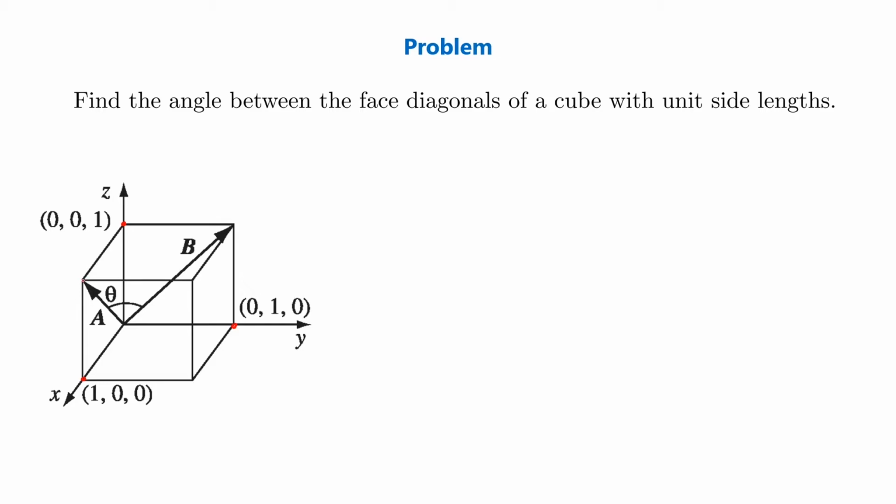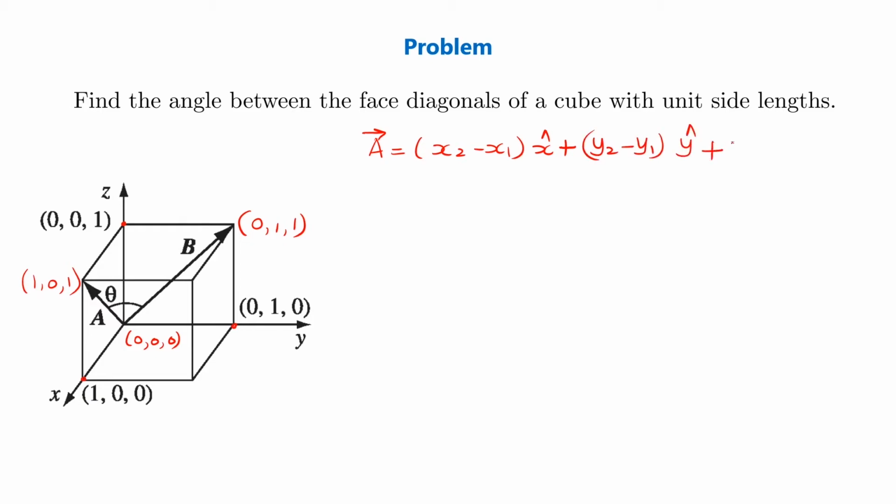Now the coordinate of the head end of vector A is 1 0 1. The coordinate of the head end of vector B is 0 1 1. Now the origin is 0 0 0. Now we want to find out vector A and vector B. The general expression for vector A is A equal to x2 minus x1 x cap plus y2 minus y1 y cap plus z2 minus z1 z cap.